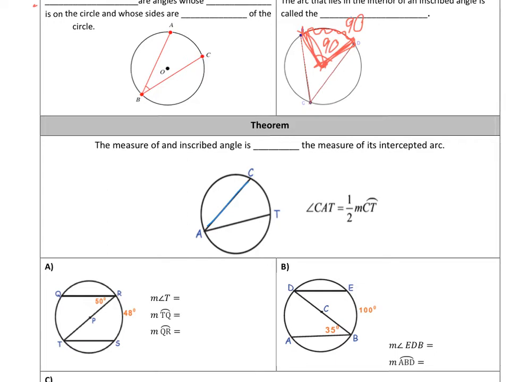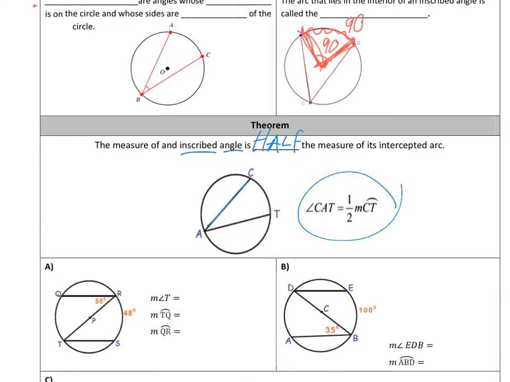Well, this is definitely going to be smaller than if I had the central angle coming from the middle of my circle. All right, and the difference is that the measure of the inscribed angle is going to be half the measure of the intercepted arc. So they give me my equation right down here.